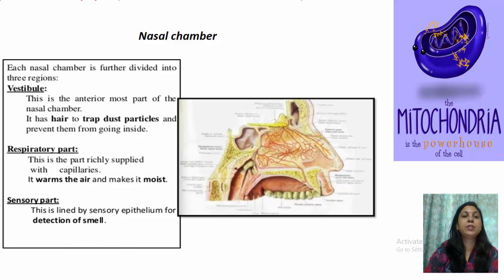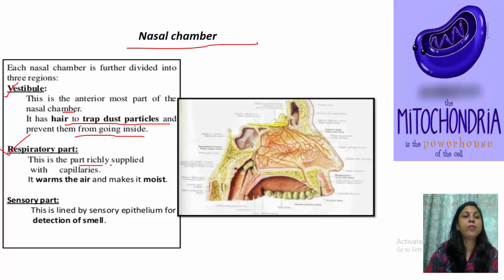Now next is the nasal chamber. Each nasal chamber is further divided into three regions. They are the vestibule, the anterior most part of the nasal chamber. It has hair to trap dust particles and prevent them from going inside. Next is the respiratory part.